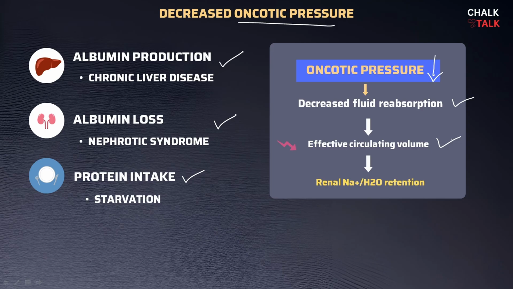We are emphasizing on the circulating volume. The body turns on the renin angiotensin aldosterone system, the RAS, and you can think of that as the house's emergency water saving mode. It tells the kidneys to hold on to salt and water, but instead of fixing the problem, this extra retention makes fluid accumulation worse, fueling the ascites.